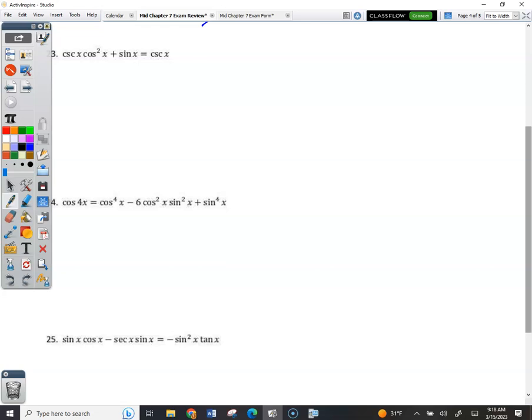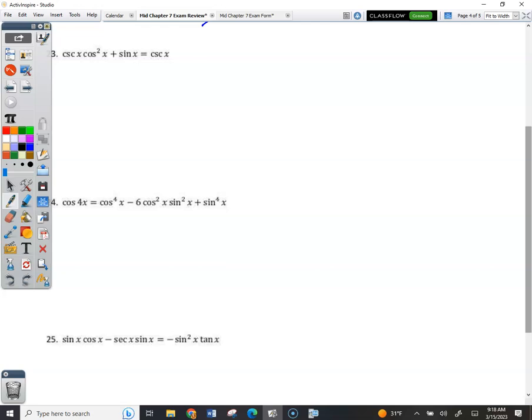So you have 4x. We can't evaluate 4x. We need to get it to terms that we can evaluate. We can only evaluate single x, double x, or half angle, right? Lord knows we don't want a half angle. So how can I rewrite 4 in terms that I can evaluate?